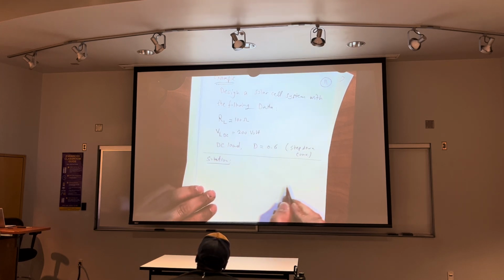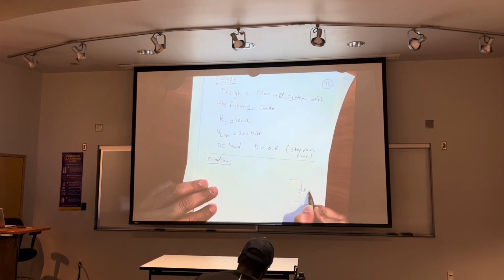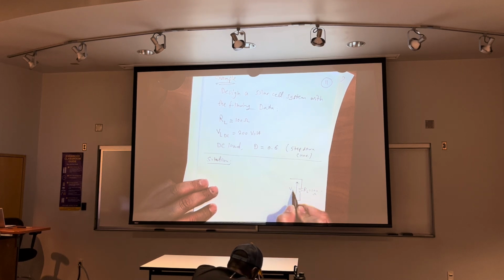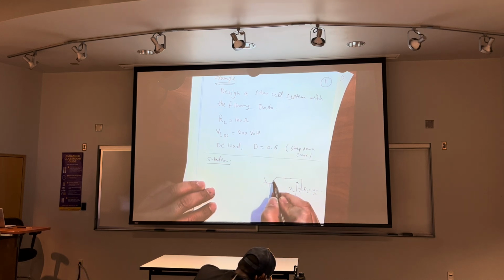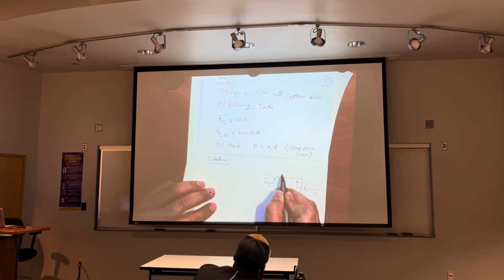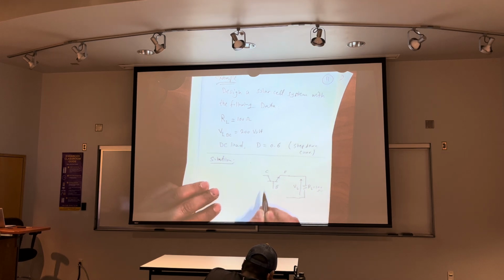So now draw the circuit diagram. RL equals 100 ohm, this is V load. For the transistor, you can use any switch device or transistor. This emitter, this collector, this base.